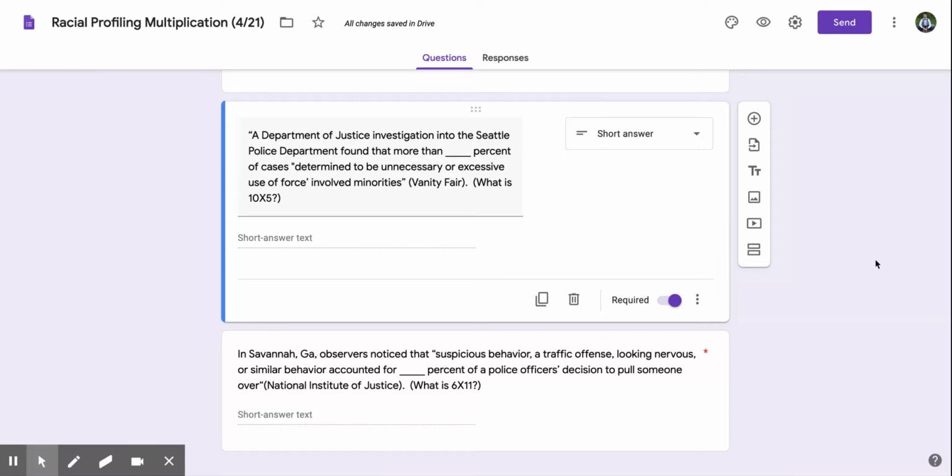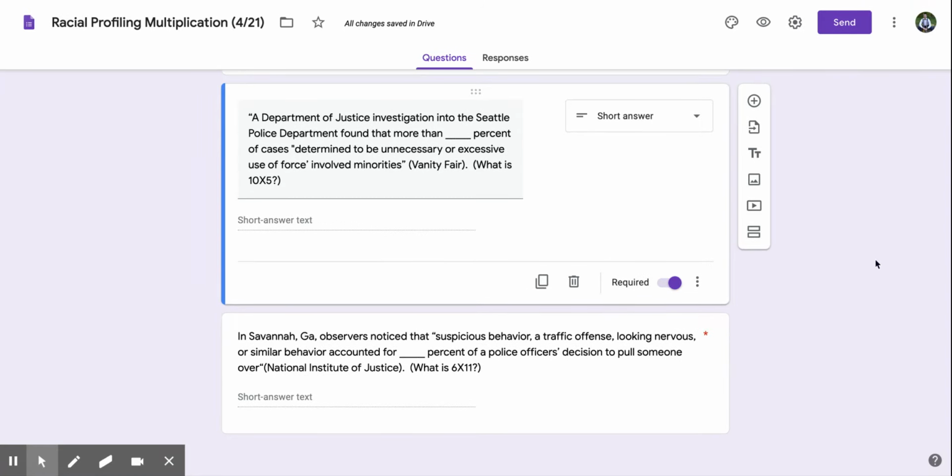Second to last: a Department of Justice investigation into the Seattle Police Department found that more than blank percent of cases, quote, determined to be unnecessary or excessive use of force involved minorities. And again, that is another quote pulled from Vanity Fair, and that response is what is 10 times 5?